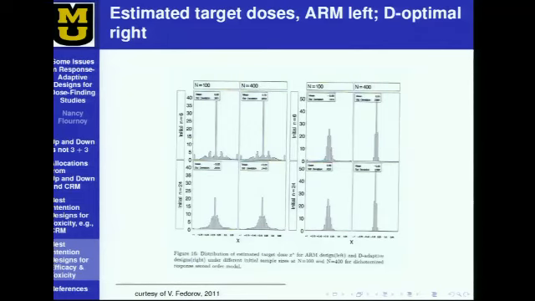On the left with the adaptive Robbins-Monroe, you look at the very nice peak in the middle: the end dose is converging in some sense to the dose you're looking for. Whereas here you've got this distribution around the points.